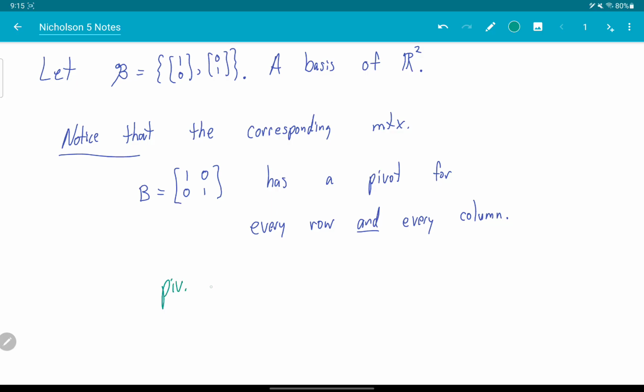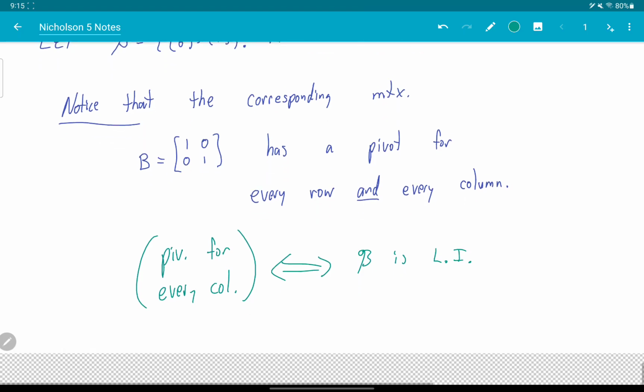So pivot for every column, that is if and only if the set B, scripty B, is linearly independent.